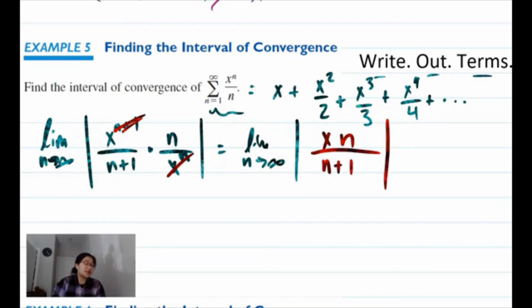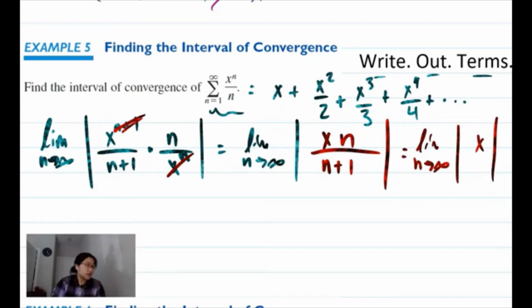Now, when is that going to give us something that is less than 1? Well, that actually depends on x, right? Because by L'Hopital's rule, we know that the limit as n approaches infinity gives us just x, because of derivatives.